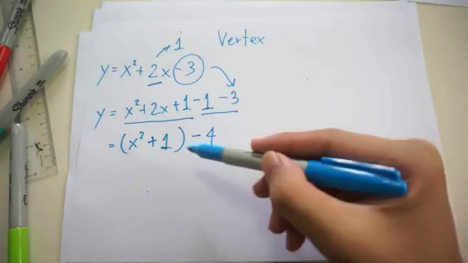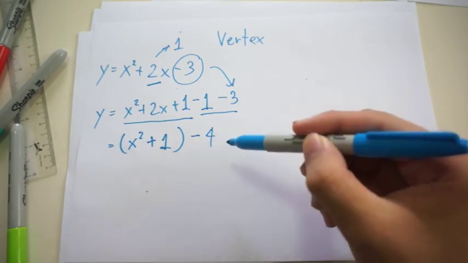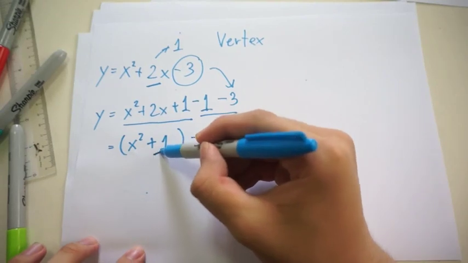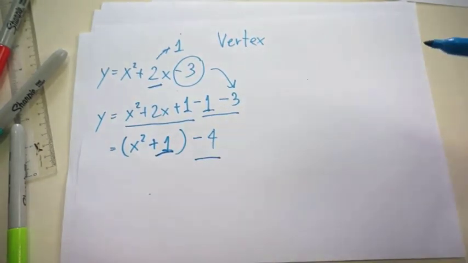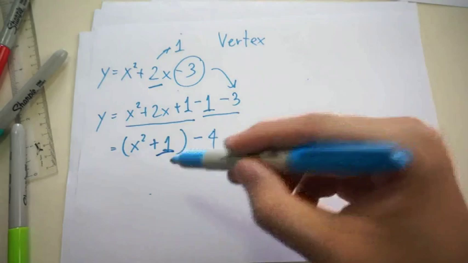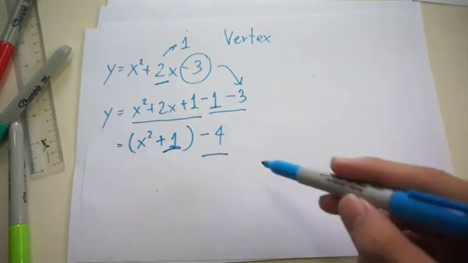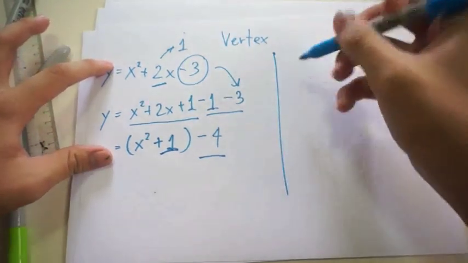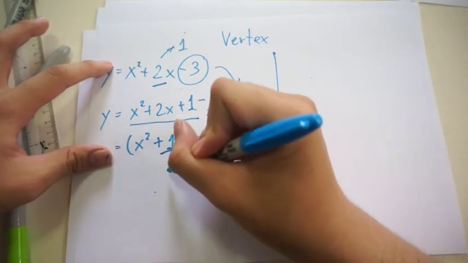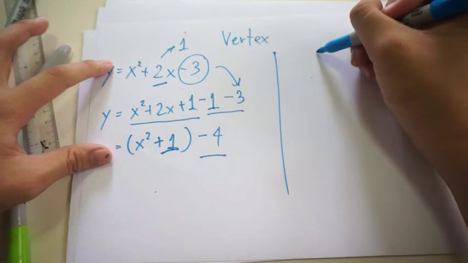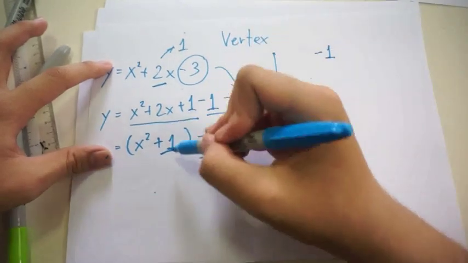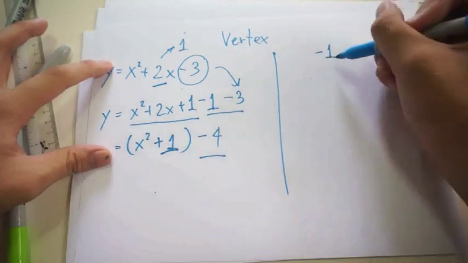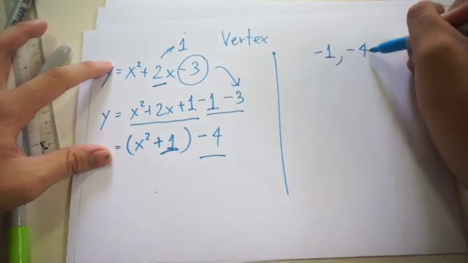And now we have the vertex form, as I would like to call it. And from this, we will have plus 1 and minus 4. In vertex form, we now know the turning point of the graph. So if I may, this will turn to minus 1 because it will be the opposite of the original part, and then this will be kept the same as minus 4.